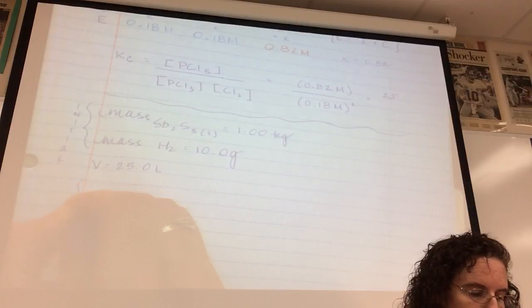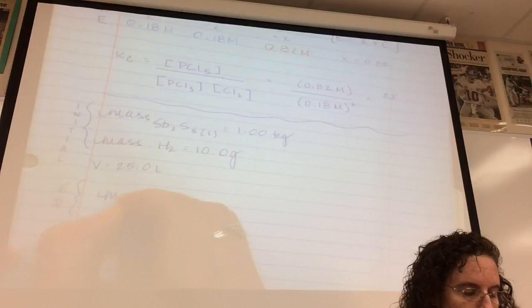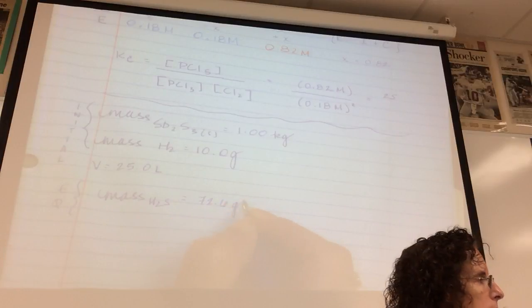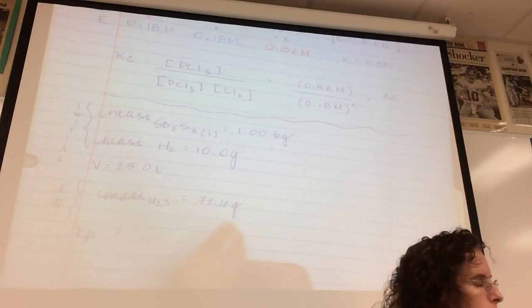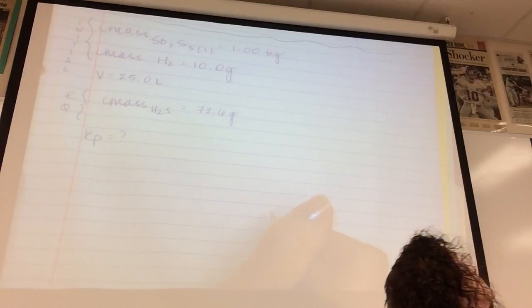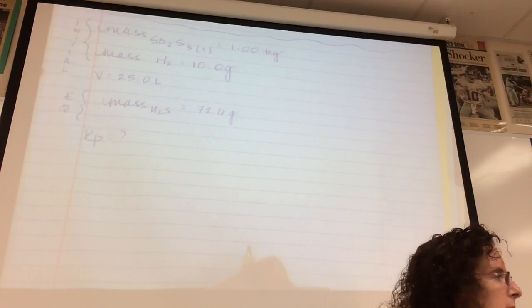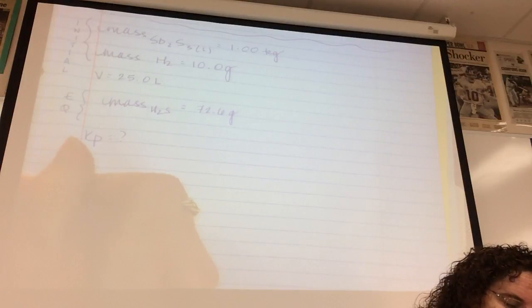Then at equilibrium, the mass of hydrogen sulfide gas is 72.6 grams. We want to know Kp, also at 713 Kelvin. So we're going to again use a RICE approach.